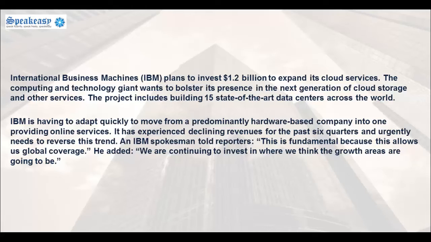IBM is having to adapt quickly to move from a predominantly hardware-based company into one providing online services. It has experienced declining revenues for the past 6 quarters and urgently needs to reverse this trend. An IBM spokesman told reporters, "This is fundamental because this allows us global coverage." He added, "We are continuing to invest in where we think the growth areas are going to be."